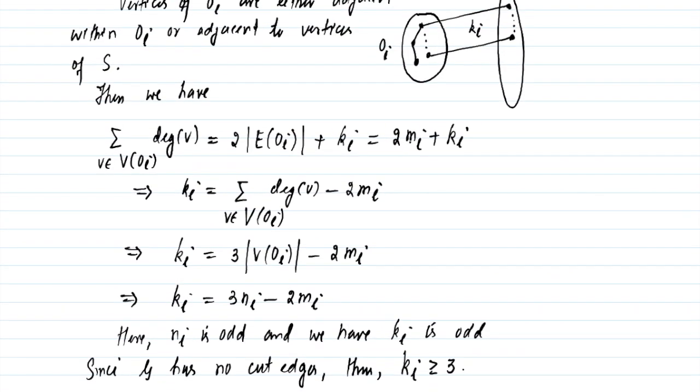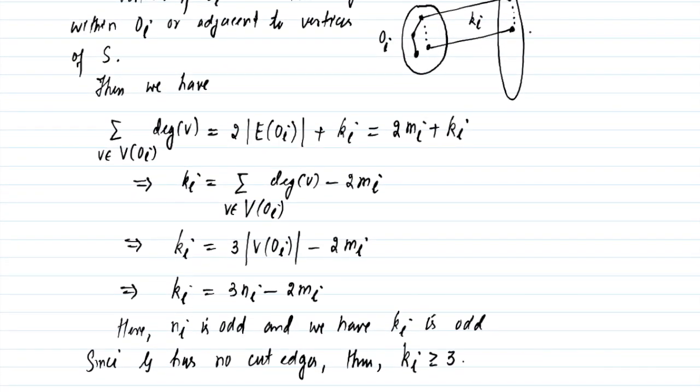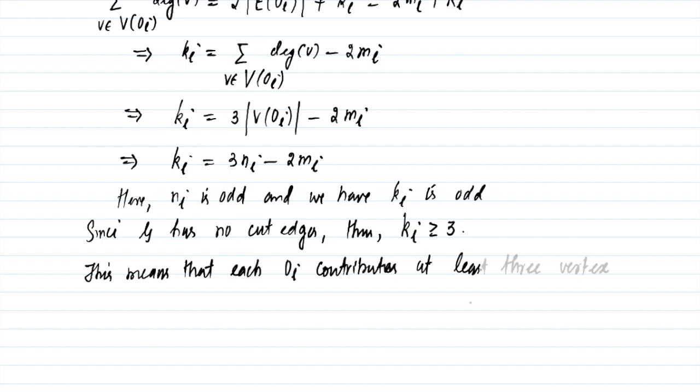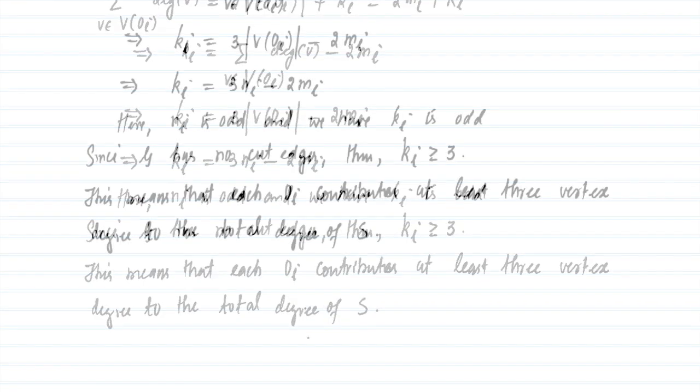So every Oi contributes at least 3 degrees to the total degree of S. This means each Oi contributes at least 3 vertex degrees to the total degree of the vertex set S.